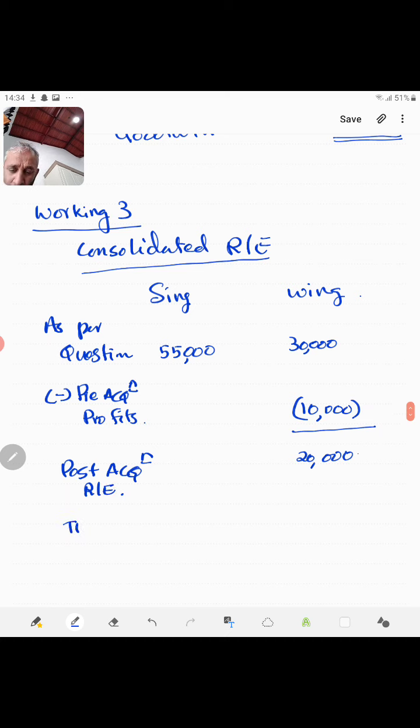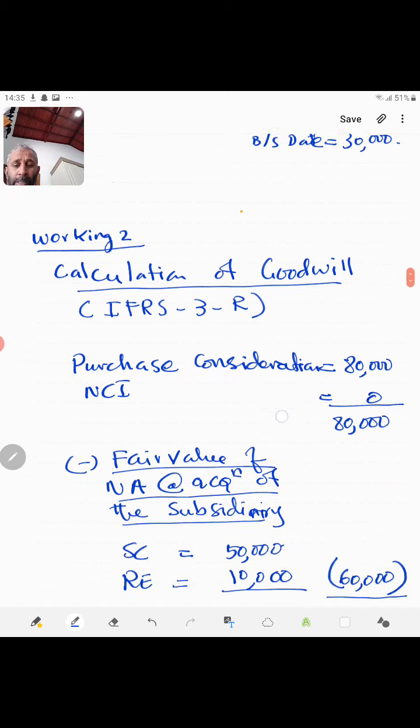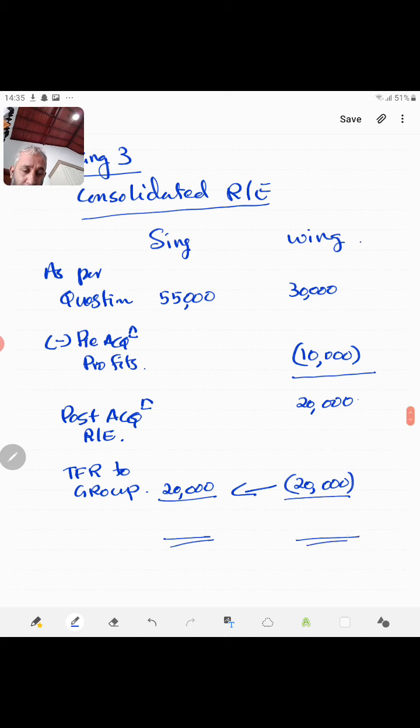We then have to transfer the group portion to the parent company. Transfer to group. And we know that in this example, the acquisition is 100%. Therefore, we transfer the complete 20,000 retained earnings to the parent. So this becomes 0 and this becomes 75,000.